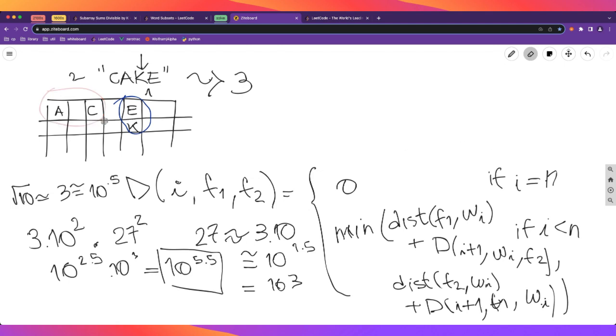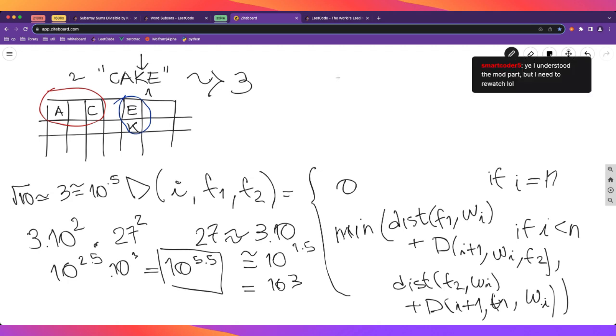So we wanted to transform from a 1D index into a 2D coordinate. Yeah, I understood the mod part, but I needed to rewatch. Yeah, but let me just give you a way to think about it, like I did the other day with circles.